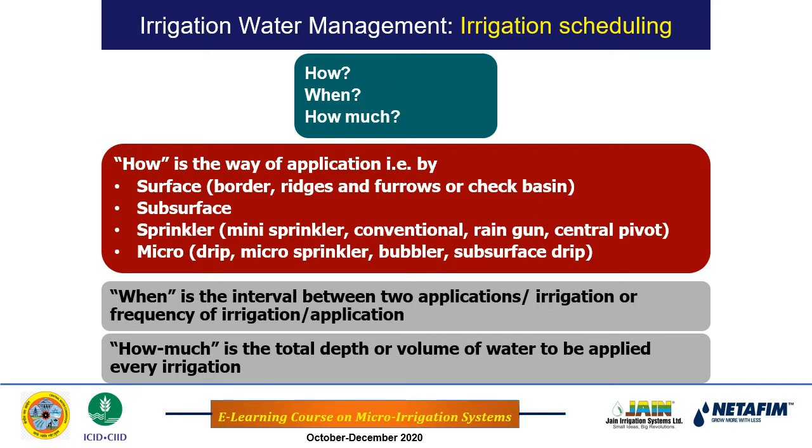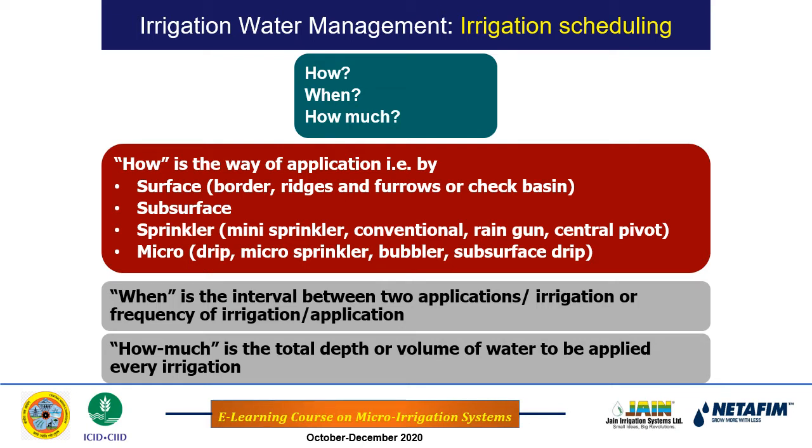That is deciding when we have to apply water to the irrigation field. And third is how much, that is for every irrigation, by the chosen method, how much depth of water, how much volume of water we should apply to the crop.